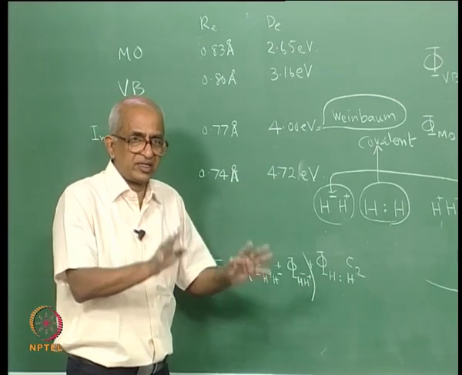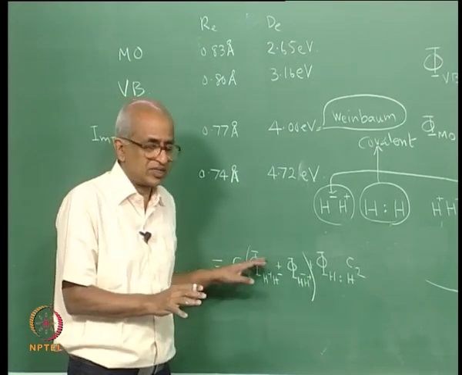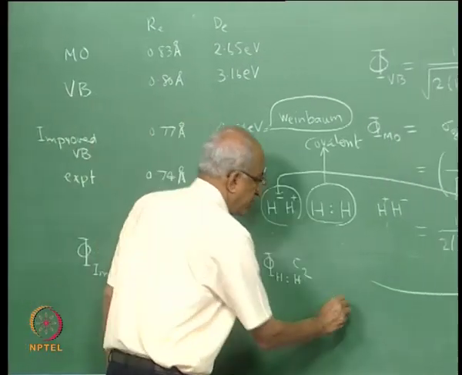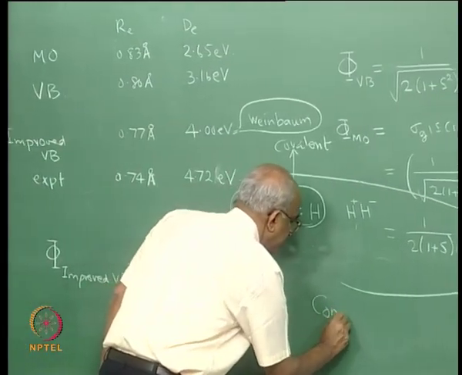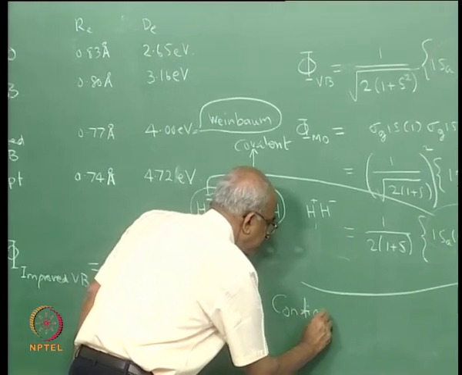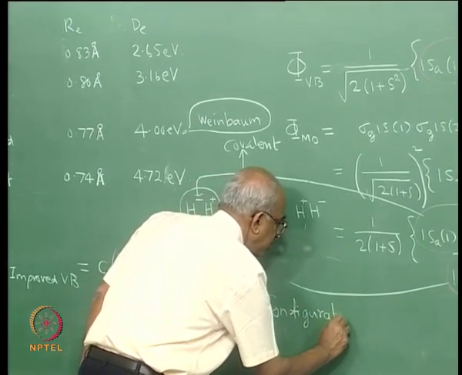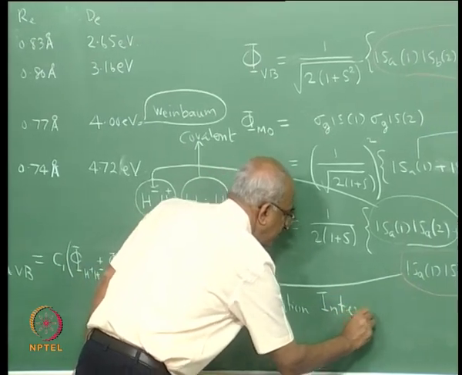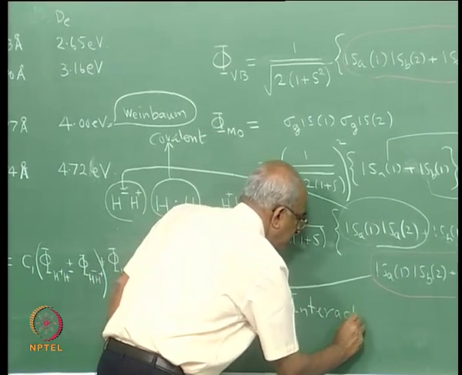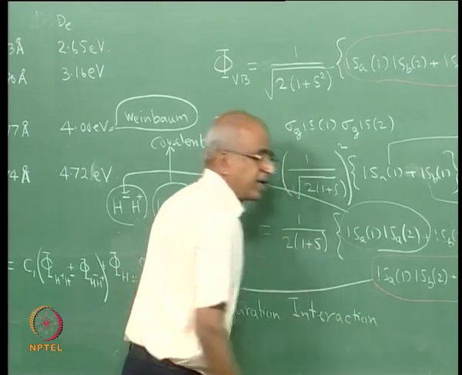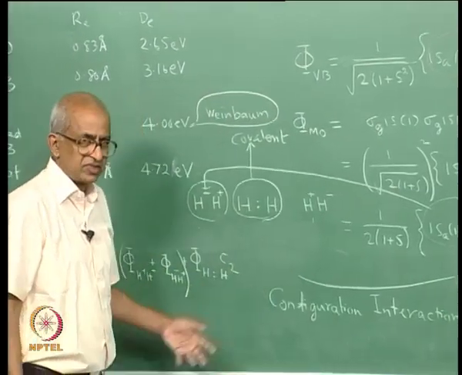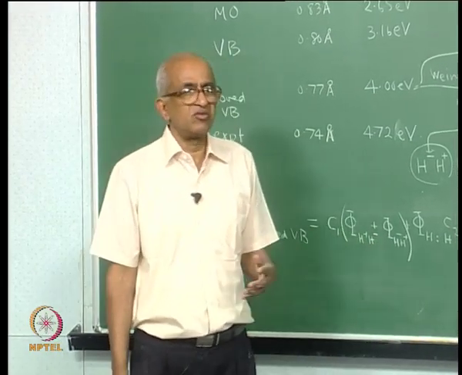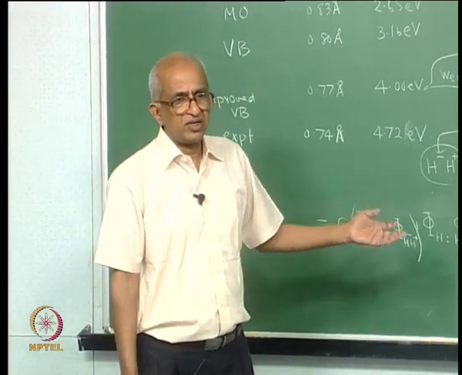I mean, when you look at it in detail, you will find that the function is of this form, and such procedures are known as configuration interaction procedures. Now, even for a system like hydrogen molecule, these calculations, which are referred to as configuration interaction calculations, are very difficult. They are quite involved and quite difficult to perform.